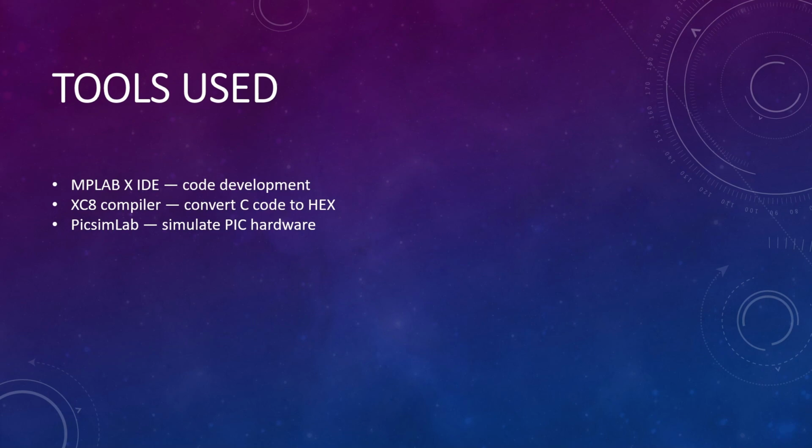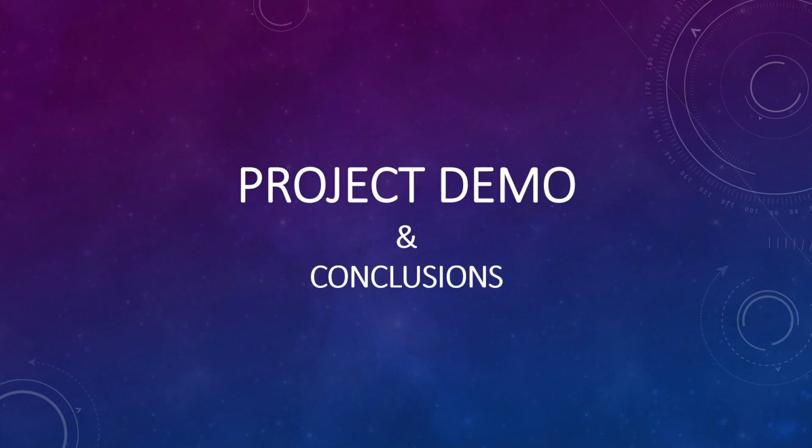The compiler is used to convert C code into hex code, and that hex code is used during the simulation using PICSIMLAB IDE. Here we simulated the PIC hardware using the PIC microcontroller. Now I will show you the project demo and conclusion.